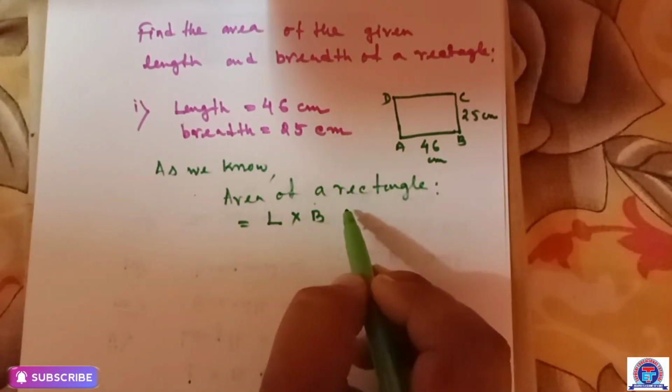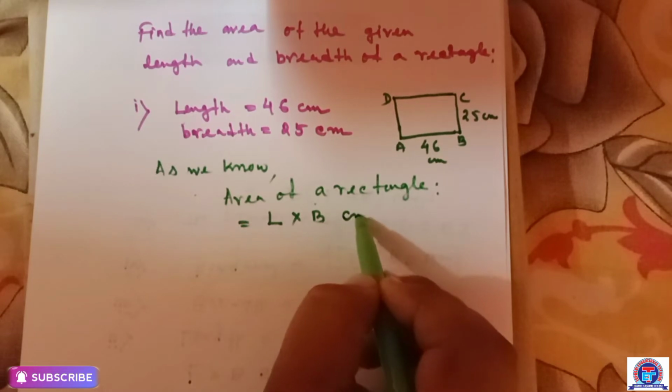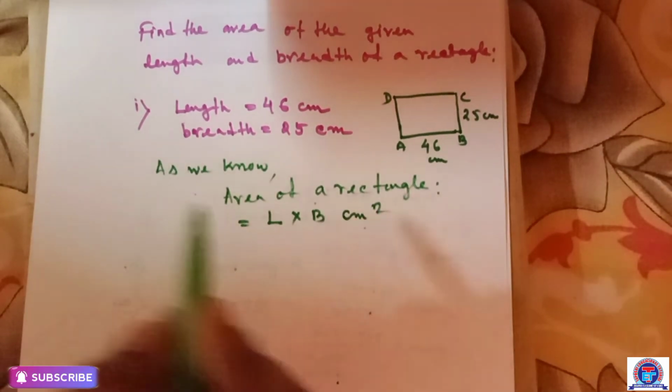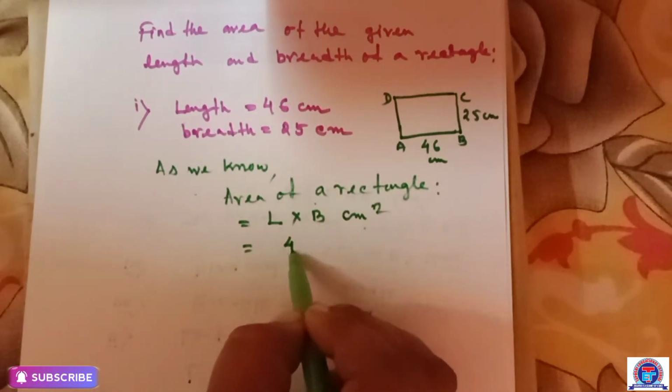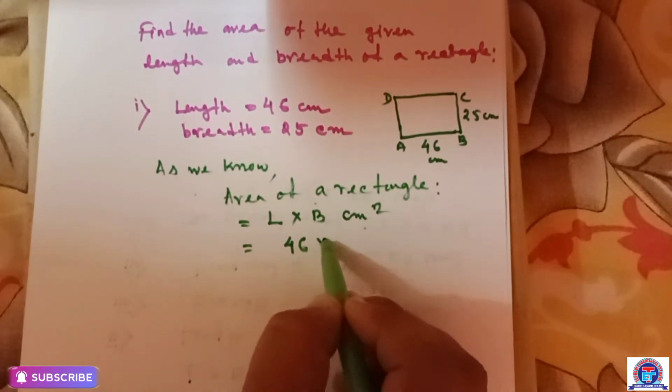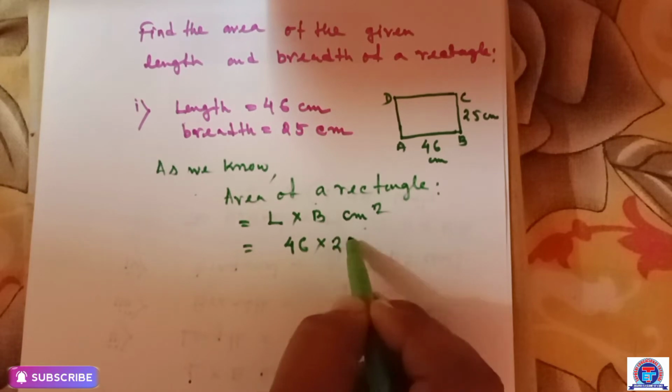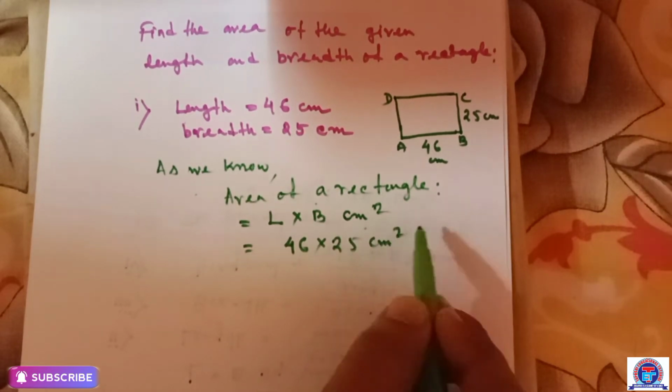Here unit is centimeter, so we write centimeter square. So now put this value, length is equal to 46 and breadth is equal to 25 centimeter square.